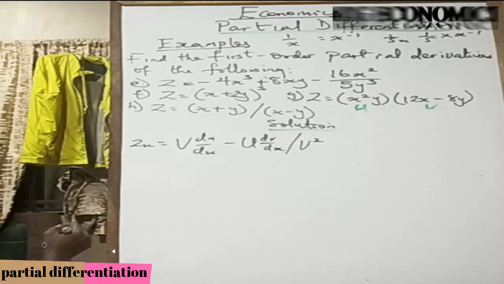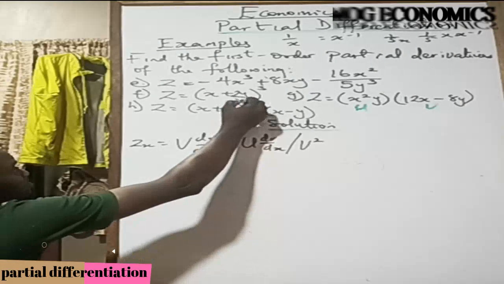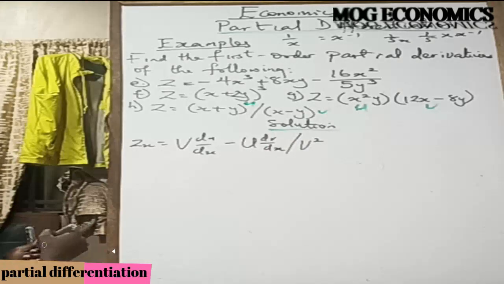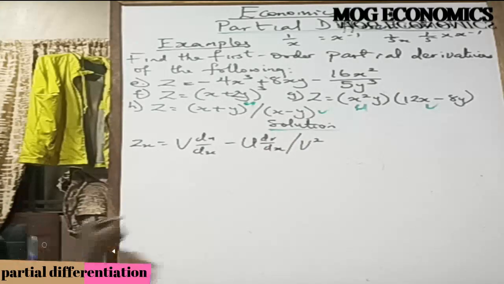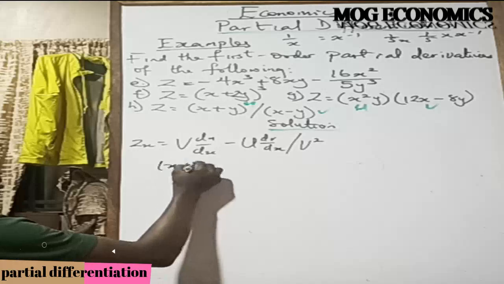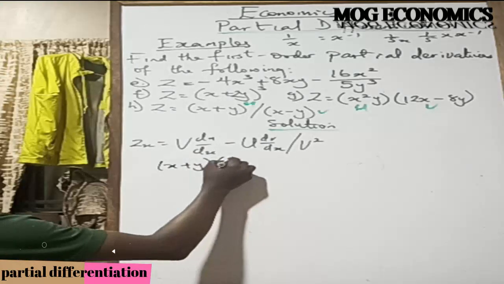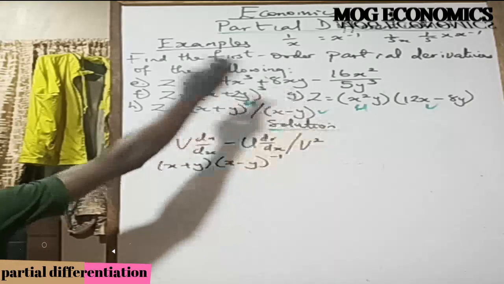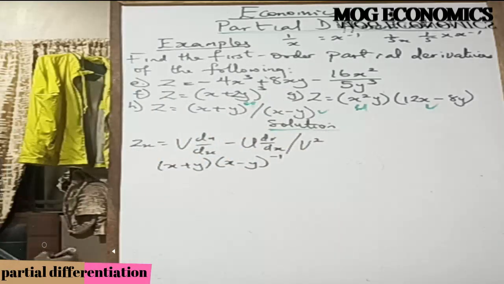I could actually solve this using the product rule too. It's just going to become x plus y times x minus y raised to the power minus 1. I take the denominator up, so it carries a minus 1. It is even easier to solve like this.